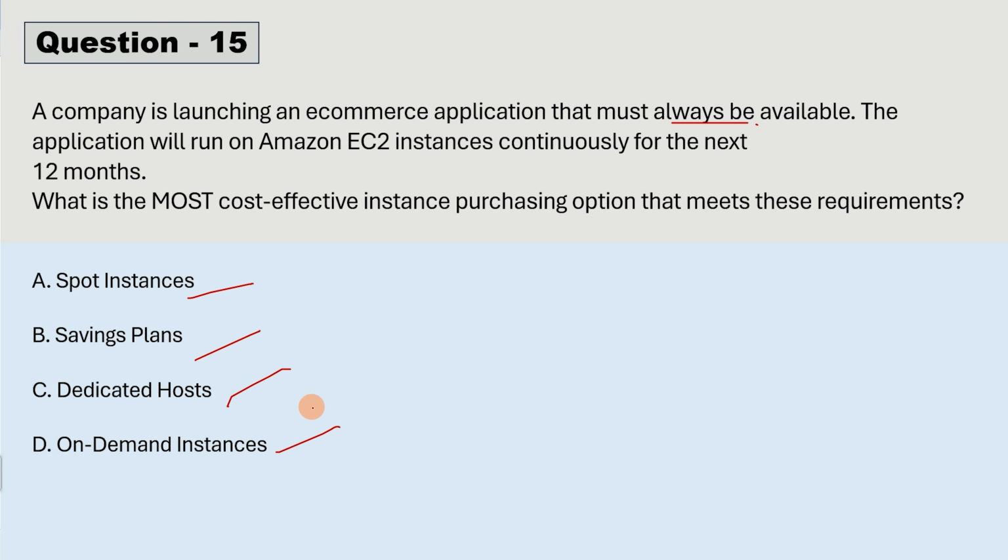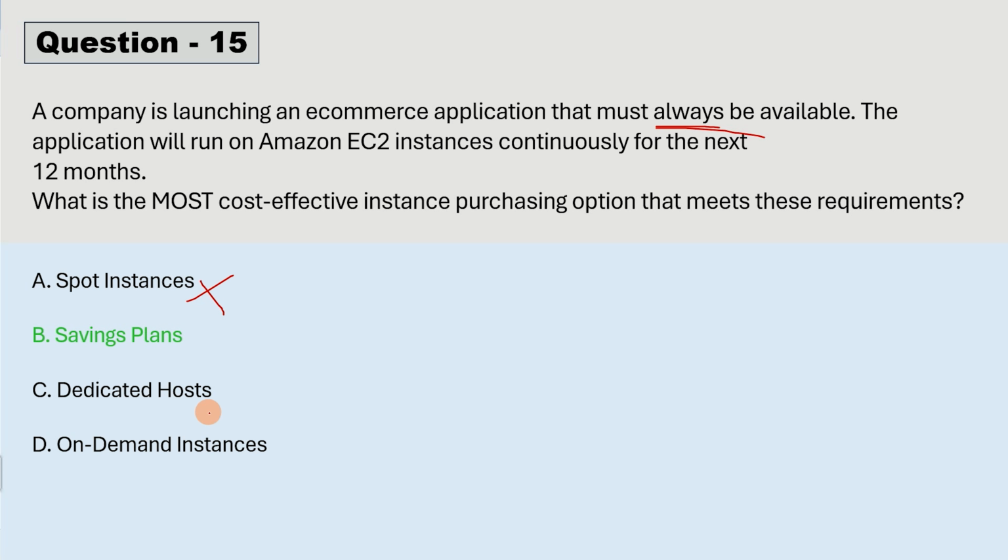So the correct answer here will be option B, savings plan, because you can see the options itself. Spot instance, it is not correct. Why? Because it must be always available. And with the spot instance, I have already told you, it may terminate anytime whenever your bid is not sufficient.